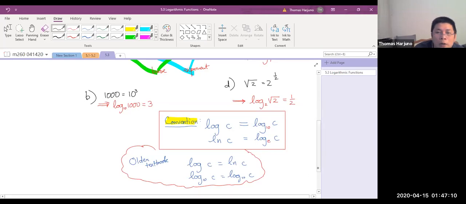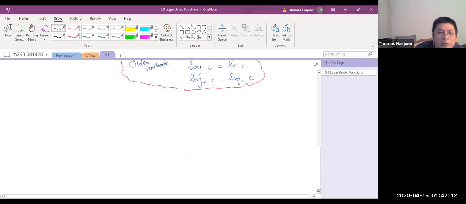Let's go on further. How about number 11? On the same page. This time we need to write in exponential form. Part A, log base 2 of 32 is 5. Now you do it, okay? Part B, write that in exponential form: log base 10 of 1 is 0.